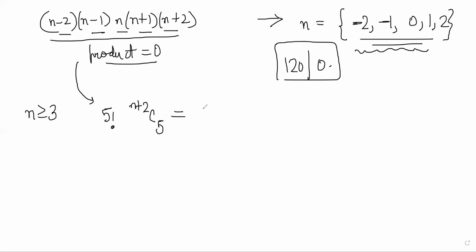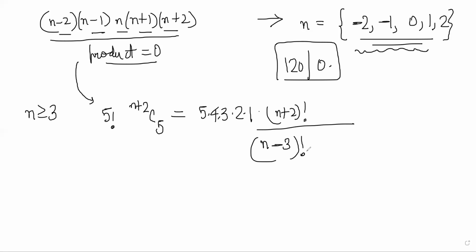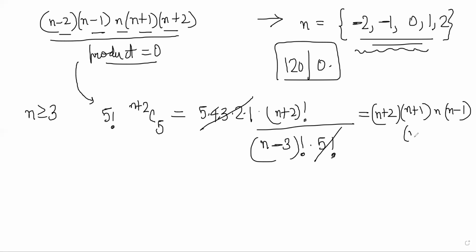Why? Let's see why. This is 5 into 4 into 3 into 2 into 1 into n plus 2 factorial by n minus 3 factorial divided by 5 factorial. So 5 factorial cancels and you get basically n plus 2, n plus 1, n, n minus 1 and n minus 2, right?